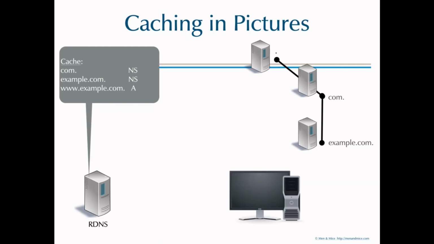Now, all of those are in there with time to lives, and the seconds are ticking down until that information can no longer be used. But at the moment, that's all in there, and the time to lives have not hit 0. Time goes by, and another client sends another query, and the query this time is going to be for the A record of ftp.example.com.